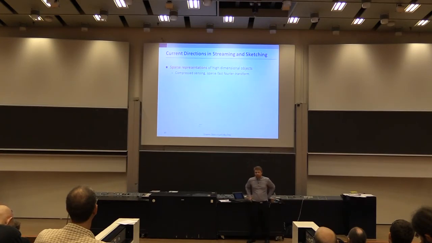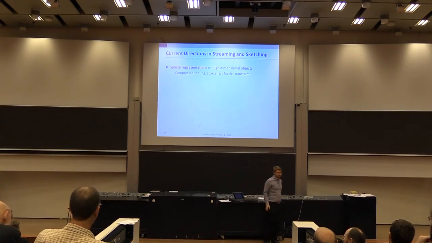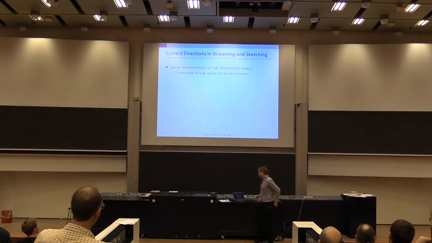More generally, there's this whole area of research into sparse representations of high-dimensional objects. I mentioned compressed sensing yesterday as one area. Another big area right now is the fast Fourier transform.